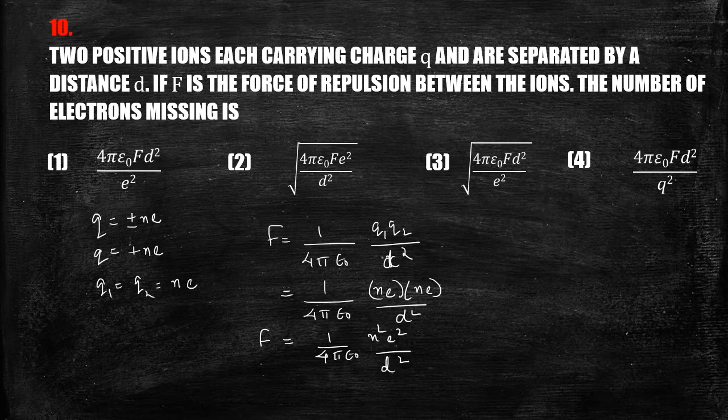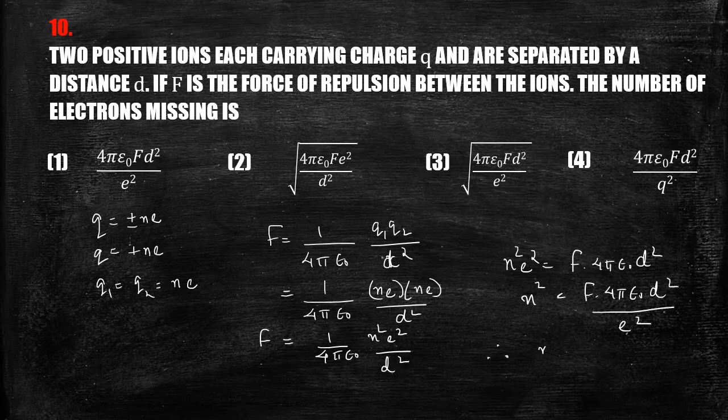Multiplying the denominator to the other side, we have N squared E squared is equal to F into 4 pi epsilon 0 d squared, or N squared is equal to F into 4 pi epsilon 0 d squared divided by E squared. Therefore, N is equal to root of F into 4 pi epsilon 0 d squared divided by E squared. Therefore, option 3 is the right answer.